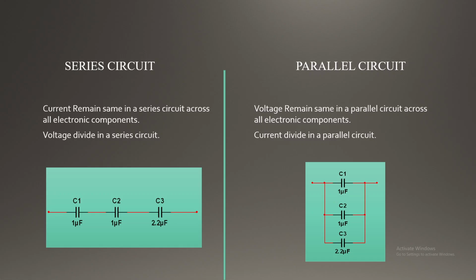Our houses are connected in parallel with the grid. That's why we get exactly the same voltage in all the houses. It's a good example to remember how voltage acts in series or parallel.